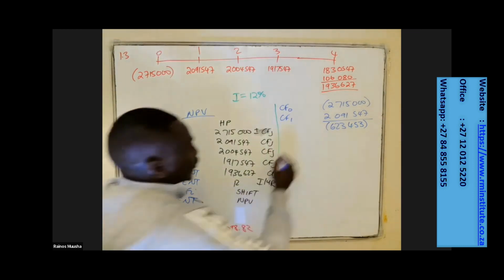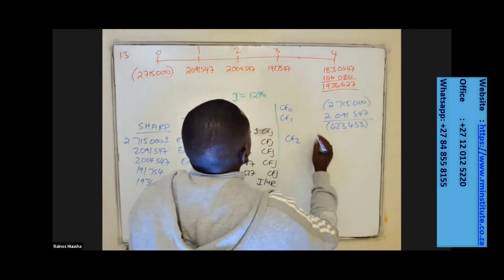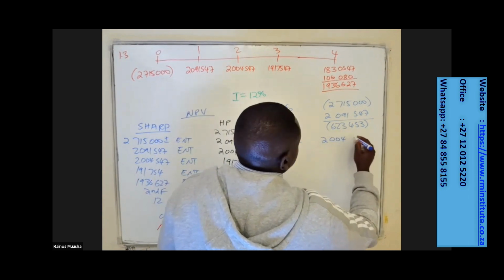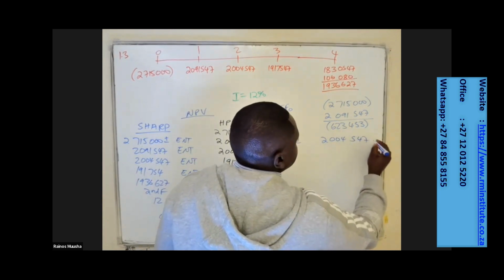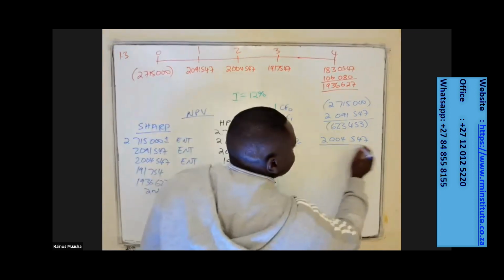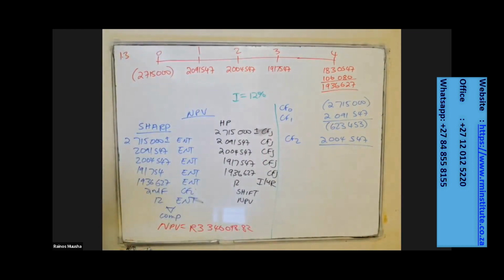Then our cash flow for year 2 is going to be an amount of 2,004,547. So which means sometime in year 2, that's when we fully recover our money, isn't it? Because we needed 623,000 and we generated 2,004,000.